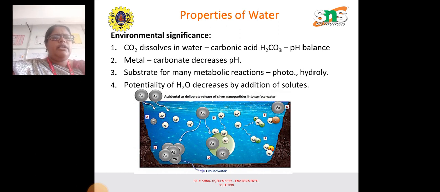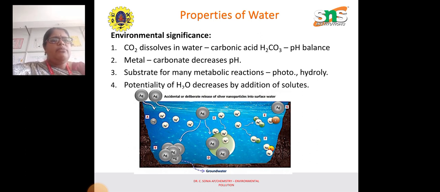Properties of water: environmental significance. Carbon dioxide dissolves in water to form carbonic acid. Metal carbonate decreases the pH that is present in the water. So when more carbon dioxide is dissolved in the water, the pH balance of the water is disturbed.